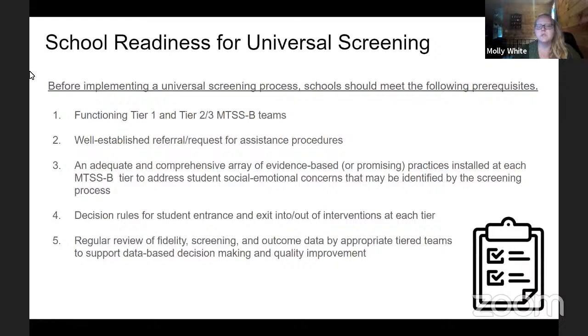So when we're thinking about a school implementing a universal screener, there's some readiness that you want to have in place ahead of implementing this screener.